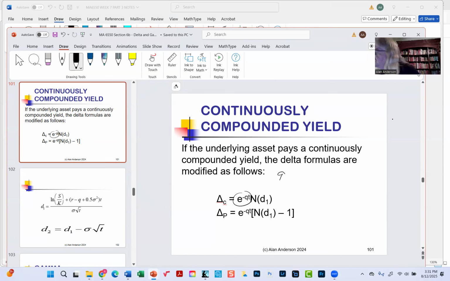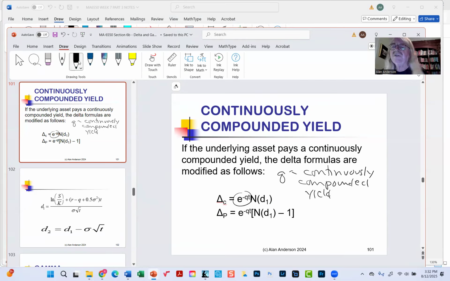The q is the continuously compounded yield of the underlying asset, whatever it happens to be. If this is a non-dividend paying stock, then q is just 0 and it reduces to the original Black-Scholes formula.